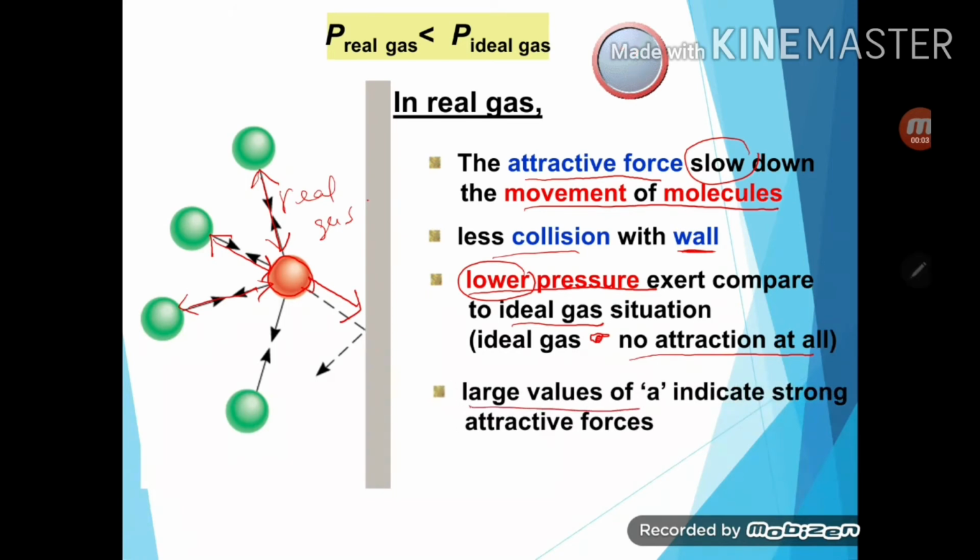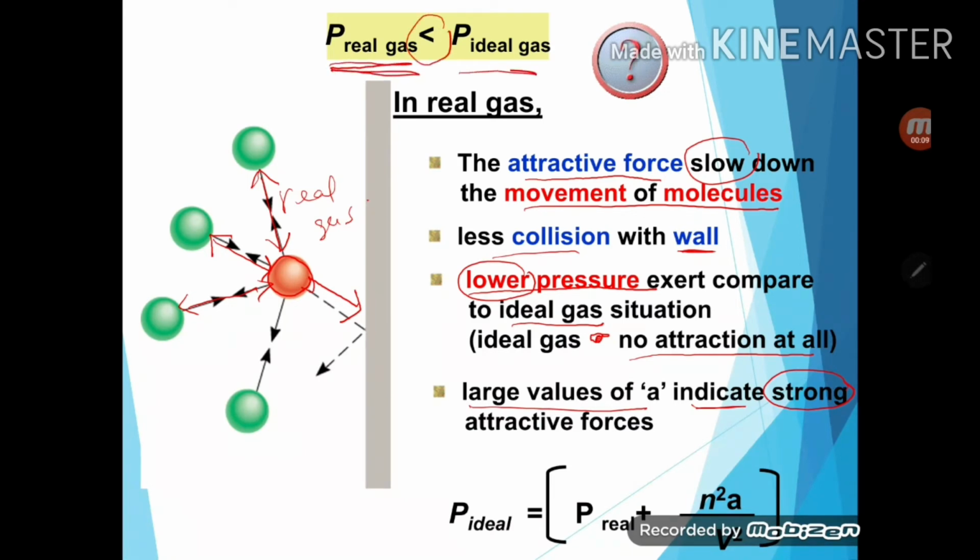A large value of a indicates strong attractive force. Because the pressure of real gas is less than the pressure of ideal gas, the factor n squared times a divided by V squared is added to the P term.